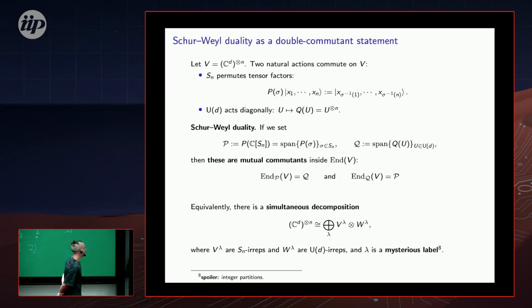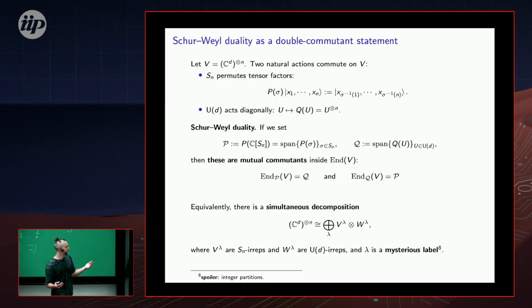Okay. And besides that, there's also an equivalent version of Schur-Weil duality, which will take us to understand. We will need more representation theory, but essentially it says that the group module, or this n-qubit register, splits into irreducibles of Sn and W in this coordinated way.